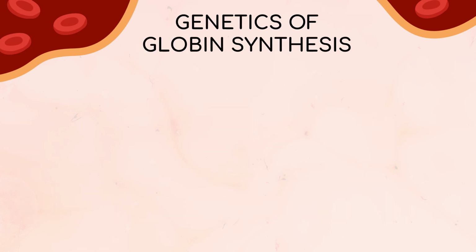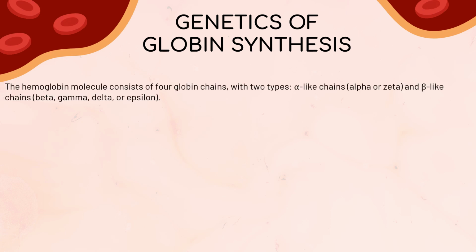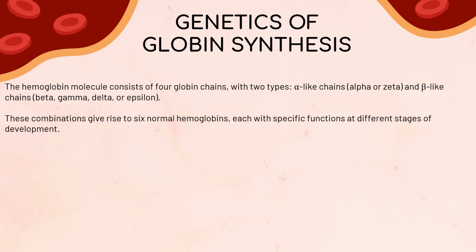Genetics of globin synthesis. As discussed before, the hemoglobin molecule consists of 4 globin chains, with 2 types, alpha-like chains, alpha or zeta, and beta-like chains, beta, gamma, delta, or epsilon. These combinations give rise to 6 normal hemoglobins, each with specific functions at different stages of development.